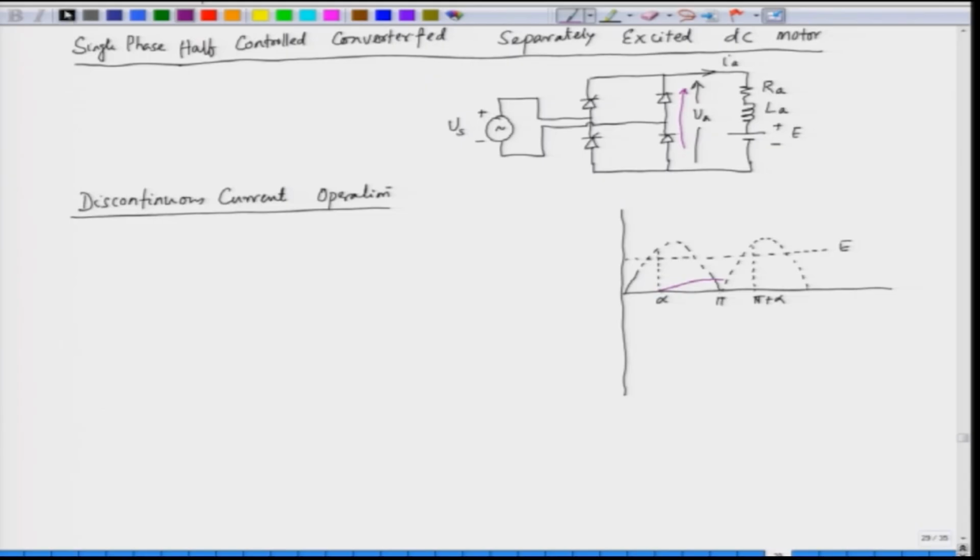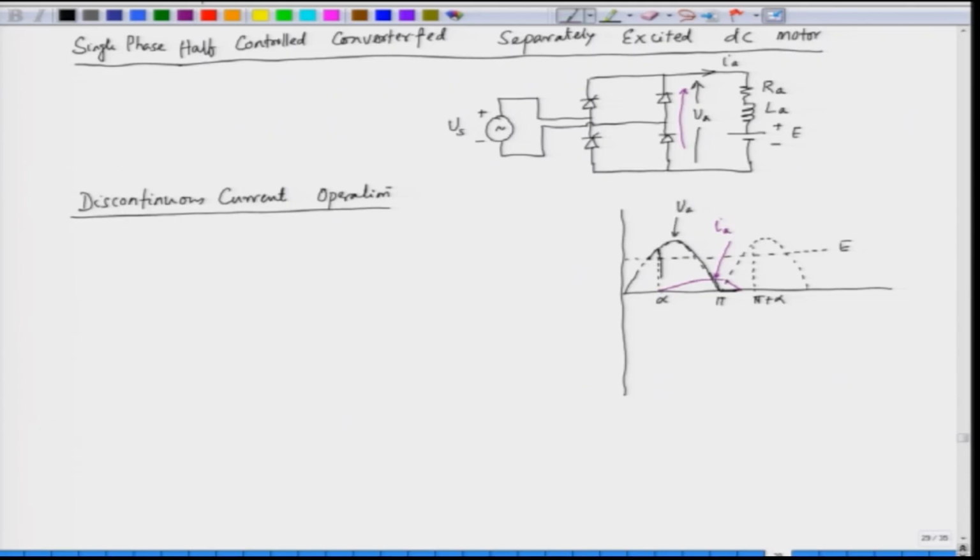The output voltage will be of this sort, and at this instant the voltage will remain at 0, and the current will come down to 0 exponentially. So, this is the nature of the current, this is I A and this voltage is V A.